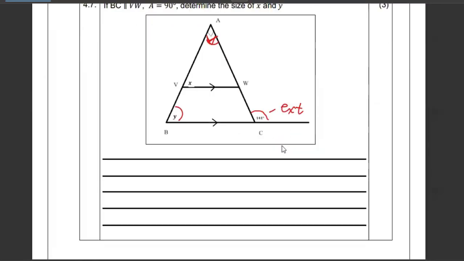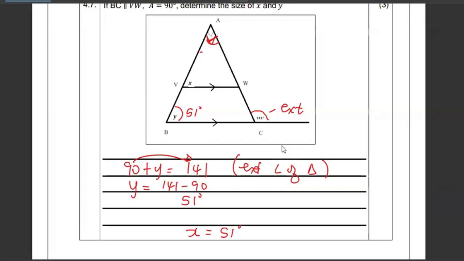So I'm going to say that 90 plus y should give me 141, exterior angle of a triangle. Move the 90 that side, y is going to be 141 minus 90, which becomes a 51. So y is a 51. And then x is also going to be a 51.